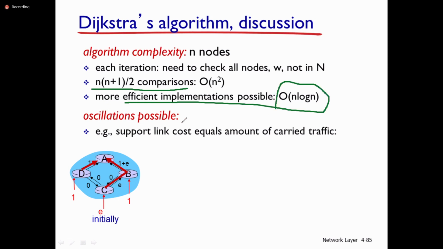Oscillations are also possible in link state routing. Example, suppose link cost equals the amount of traffic carried. We'll see this in our next class. We'll move to DV algorithms.